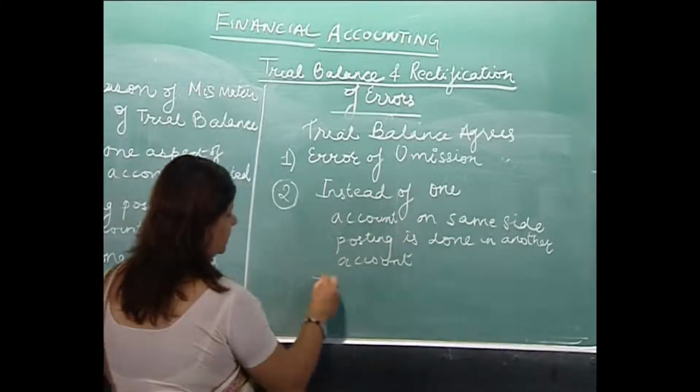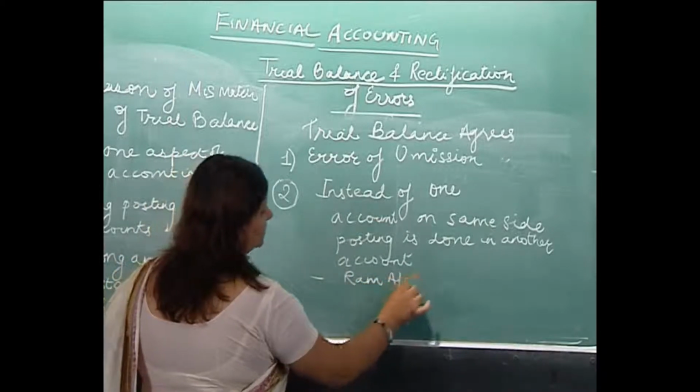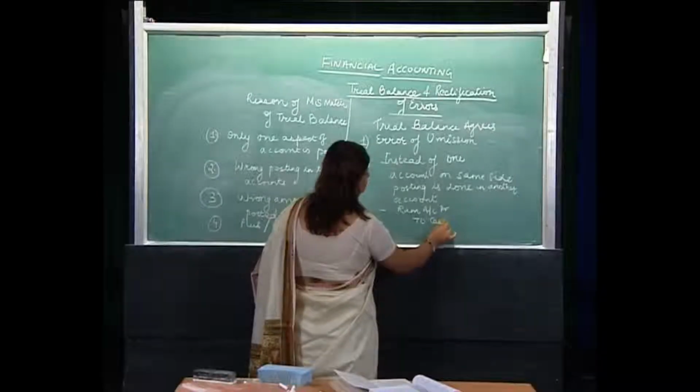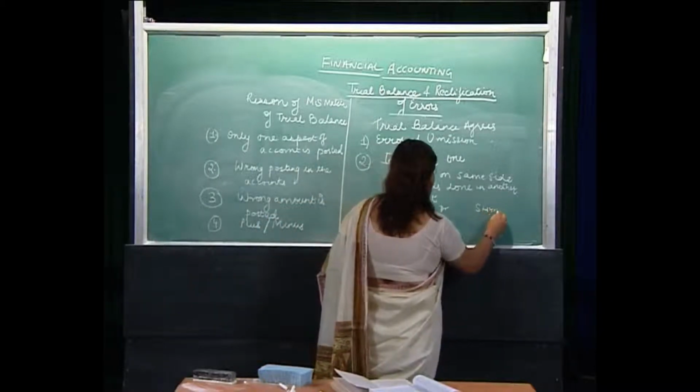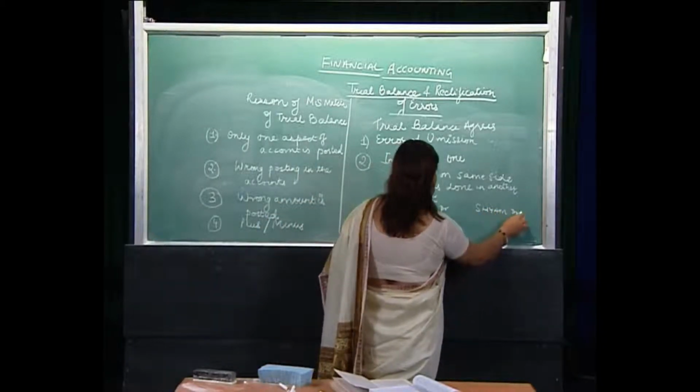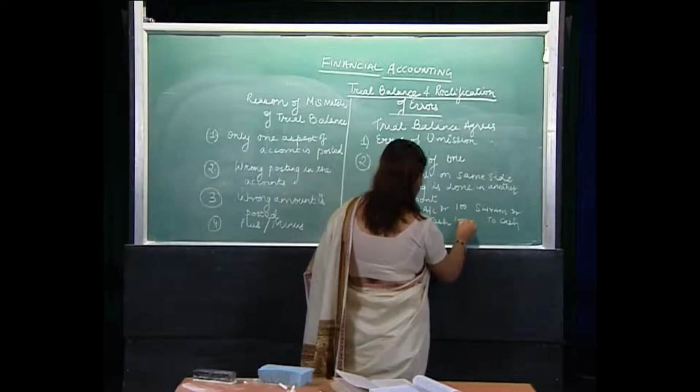Say for example, we need to debit Ram's account, debit to cash, but we posted the same in Shyam's account as Shyam debit to cash, and the amount is the same, say 100 rupees.